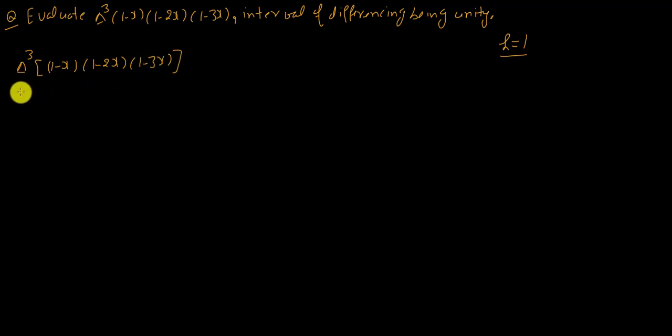Multiplying 1 minus 2x and 1 minus 3x gives 1 minus 5x plus 6x square. Now multiplying this one by 1 minus x, it will be 1 minus 5x square plus 6.